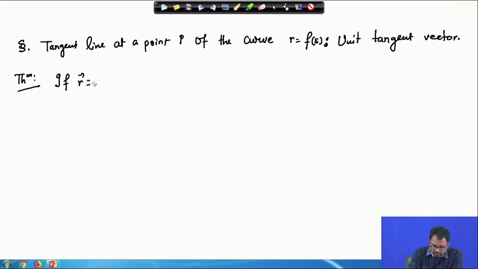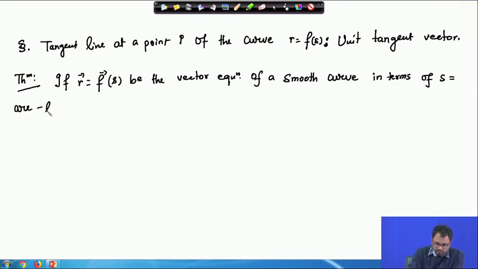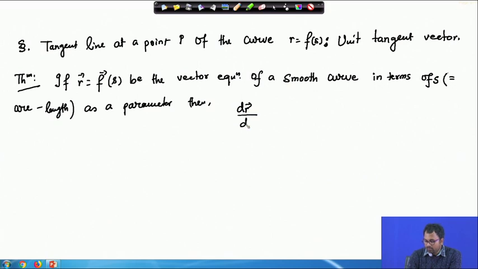If vector r equals vector f(s) is the vector equation of a smooth curve in terms of s, which is basically arc length, so s as a parameter, then dr/ds equals the unit tangent vector.